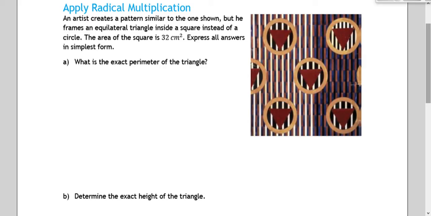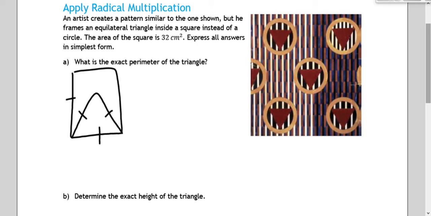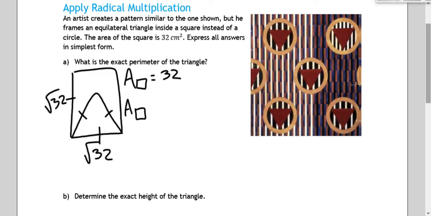So if I sketch this first, that's my triangle. It's a square, so these sides are all equal. So this is square root 32, square root 32. And I know that because the area of the square is equal to 32. Therefore, if the area of a square is equal to side squared, then S should equal the square root of 32.